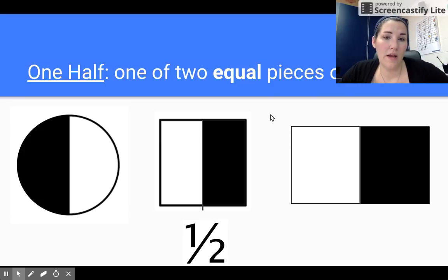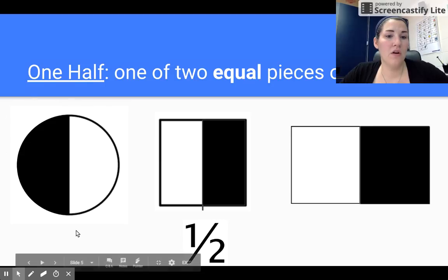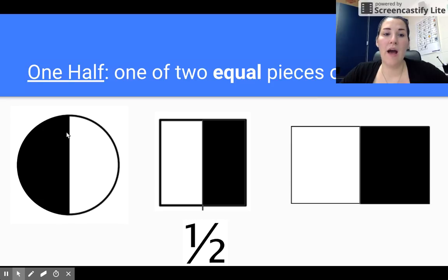So in this example, the circle is cut into two pieces, so it's cut into half. And then 1/2 is shaded in black. So if I were to describe the black portion of the circle, I would say that 1/2 is shaded in black. I can say the same for this square.